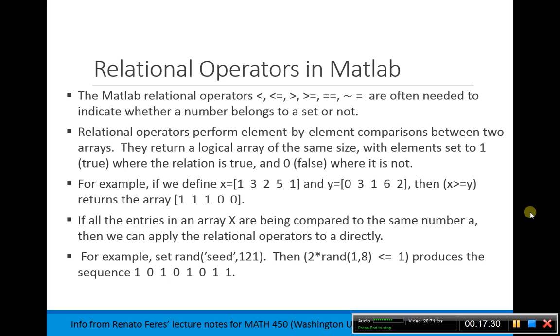You can also compare all the entries to the same number at the same time. So for example, if I do 2 times a random number, 1 through 8, and I want to see when this is less than or equal to 1, then it could give 1, 0, 1, 0, 1.